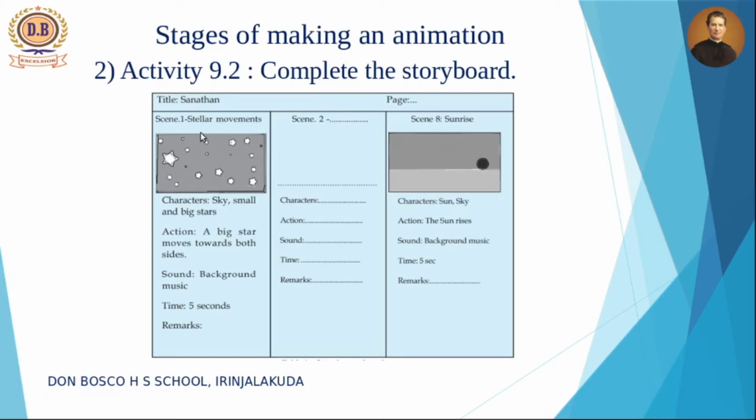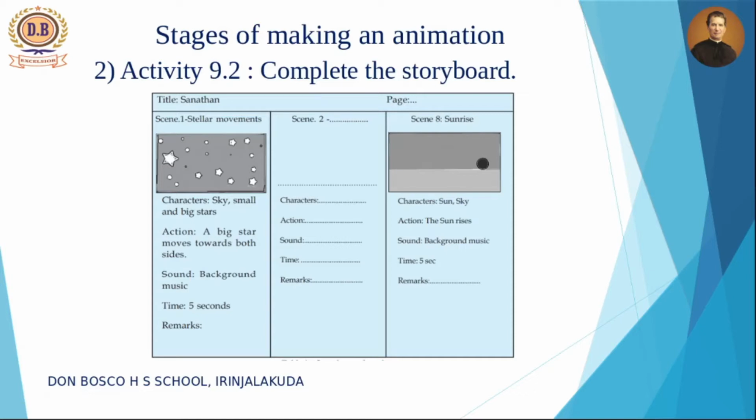First one is according to stellar moments, movement of a star towards both sides. This is the first animation. And the second animation is sunrise. The sun rises. So that is the second animation. And the third animation character is bird flying in the sky. So these are the three animation characters in this chapter.